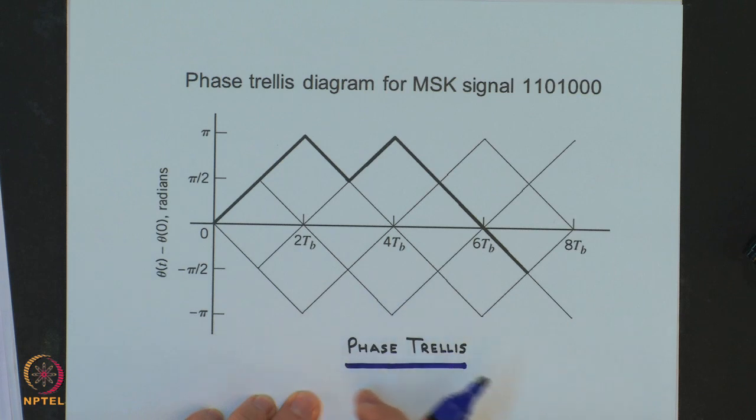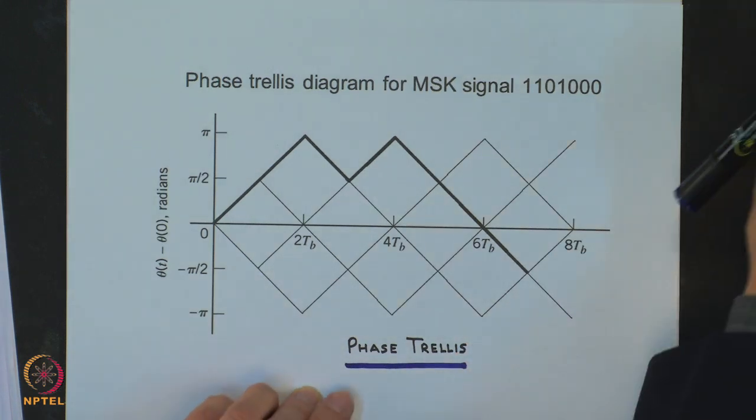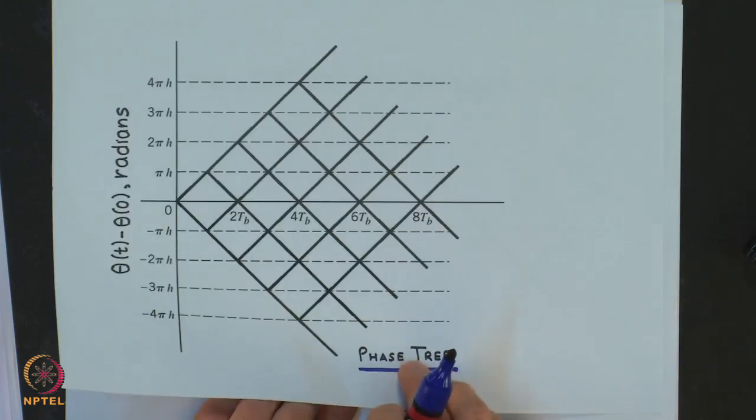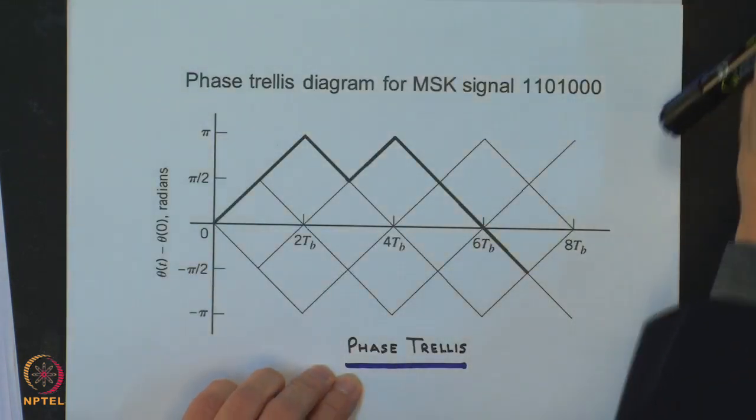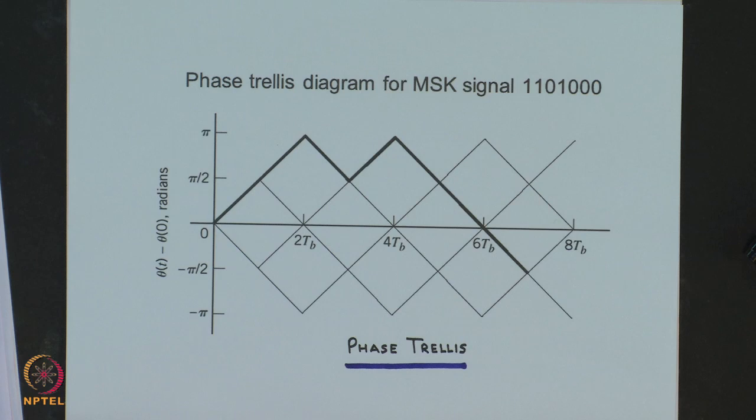It is known as a trellis because a trellis is a tree-like structure, like the phase tree, but with re-emerging branches.